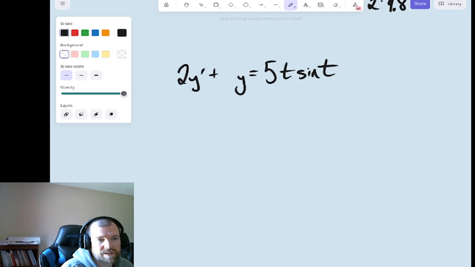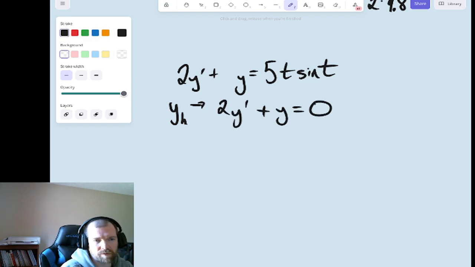So we look at this and say the homogeneous solution is going to be determined by asking what would happen if 2y prime plus y were equal to 0. The purpose of the homogeneous solution is to ask what the steady state of this particular system is.